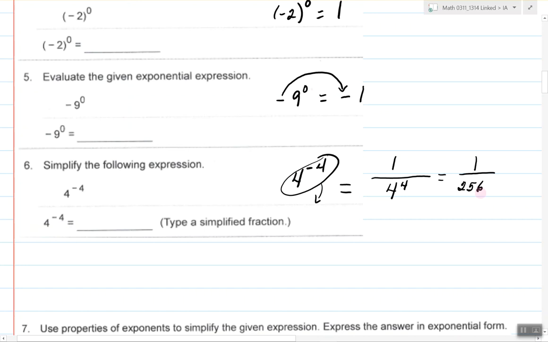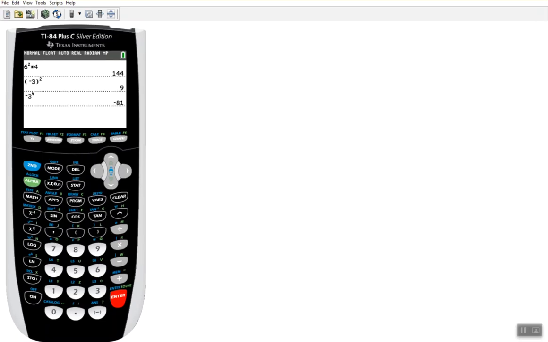You would have to be careful if you did this with your calculator and you had 4 raised to the negative 4 power, and you pressed enter, you're going to get a decimal. Now, there are ways sometimes to get the calculator to accurately change that to a fraction for you.